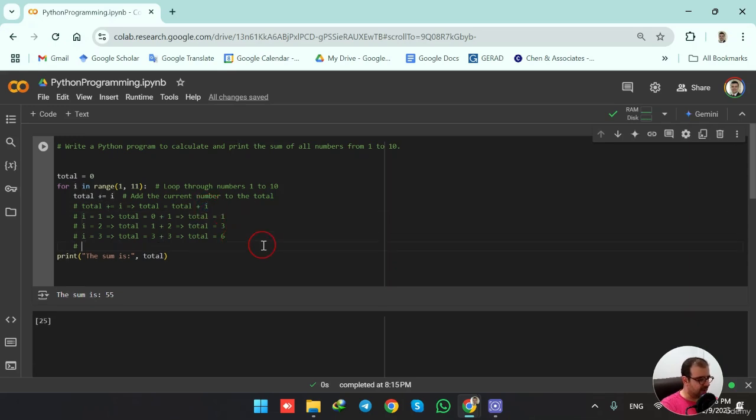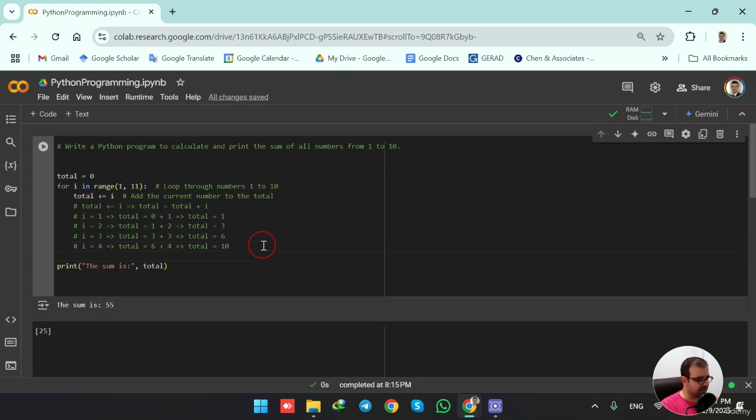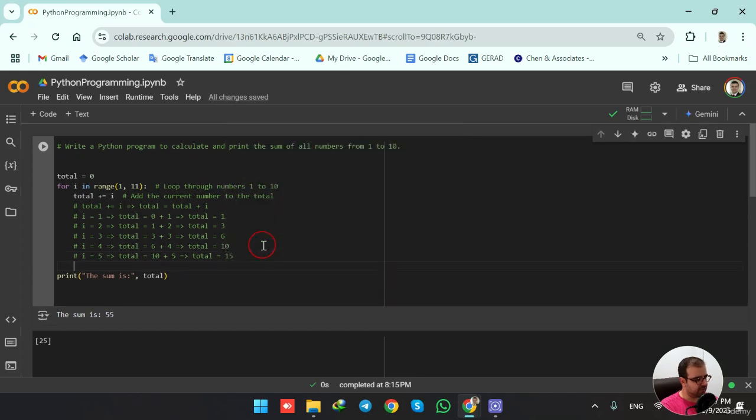Then when i equals 4, total equals 6 plus 4. Therefore, total equals 10. Then i equals 5, total equals 10 plus 5, so total would be 15.